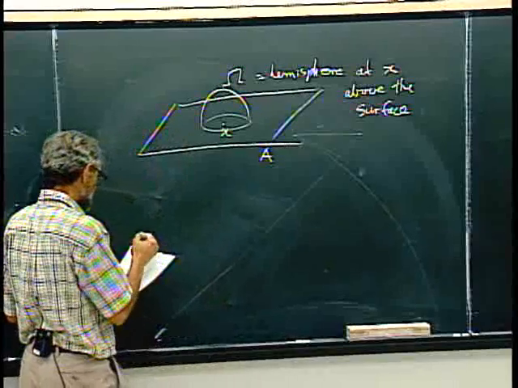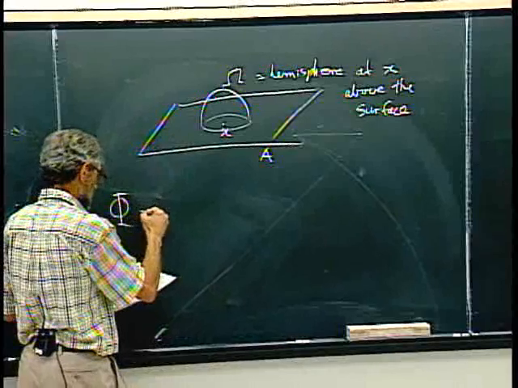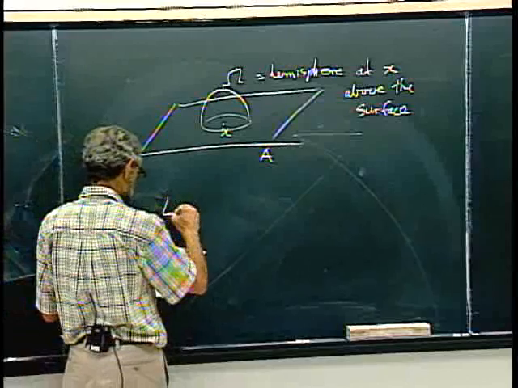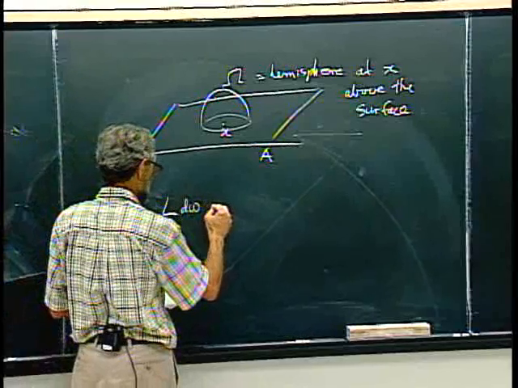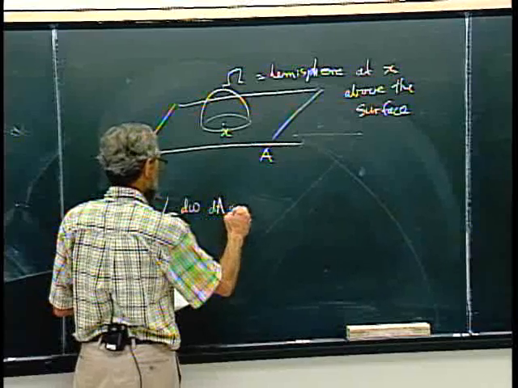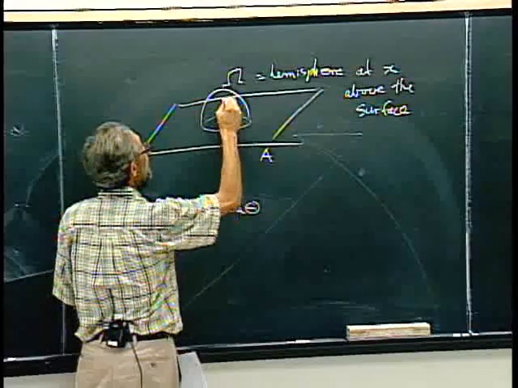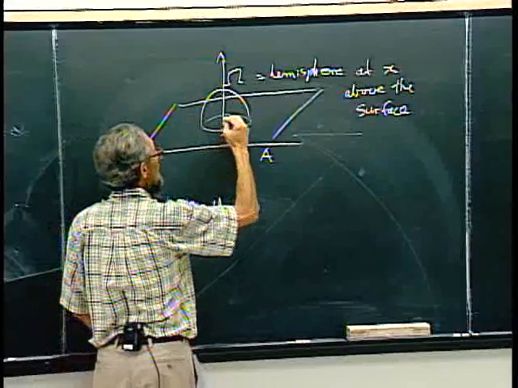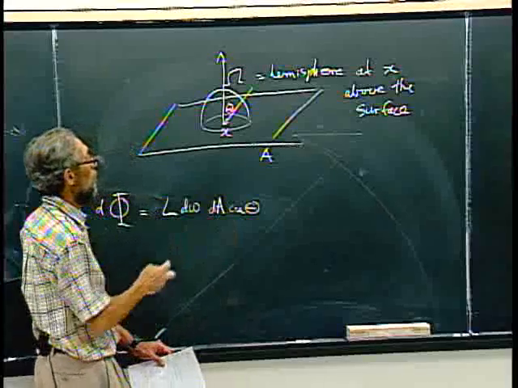And the total flux, dΦ, was the radiance times dω times dA perpendicular, which was, say, dA cosine θ. And θ, where the surface normal is the north pole of the sphere, is the angle between the incoming light and the surface normal.